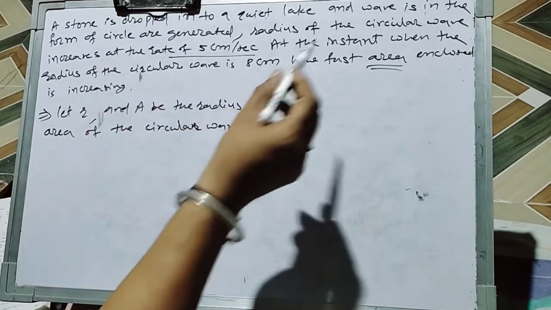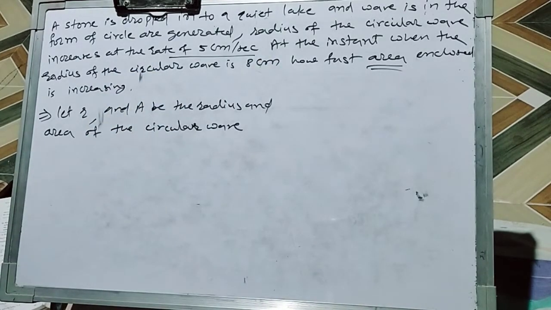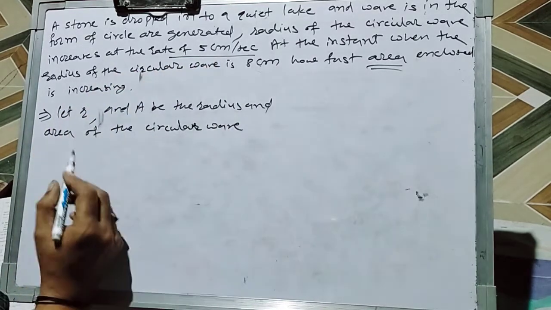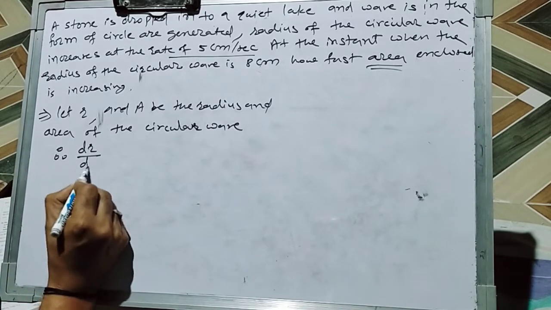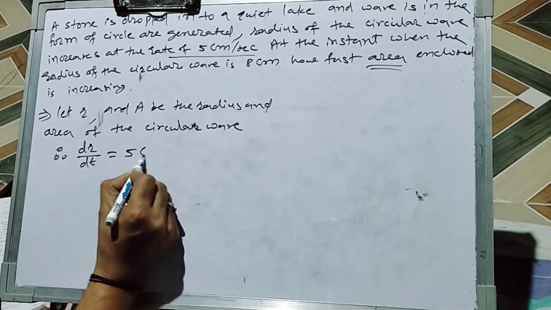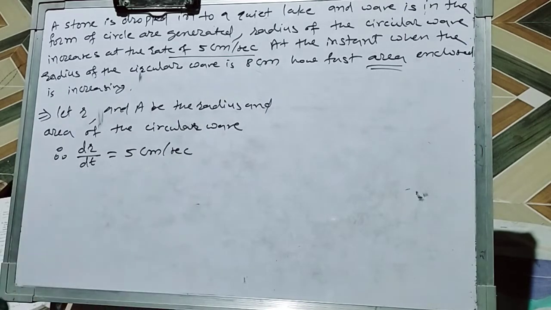Now here, given the radius of the circular wave increases at the rate of 5 centimeter per second, therefore dr by dt is equal to 5 centimeter per second.